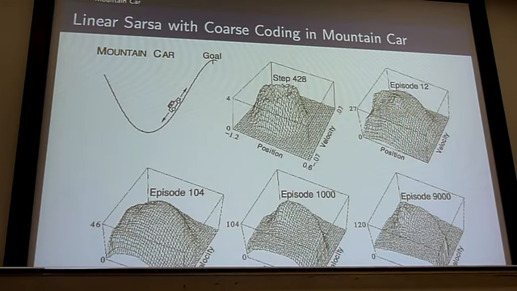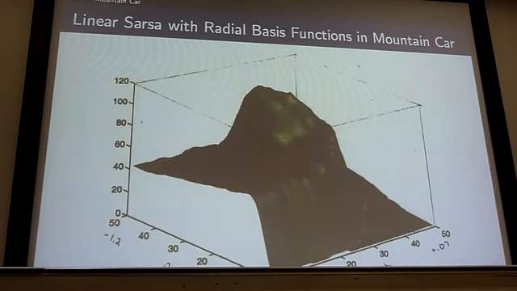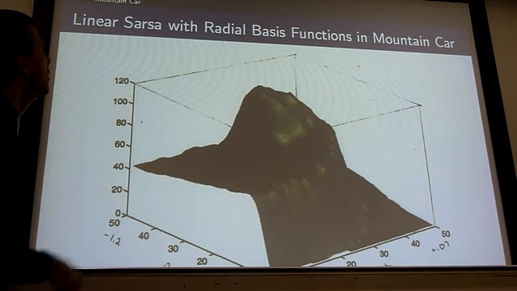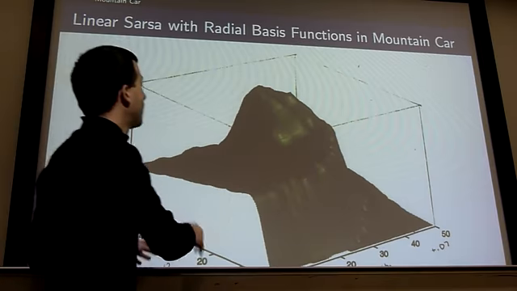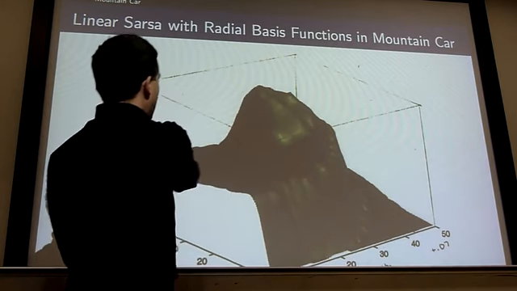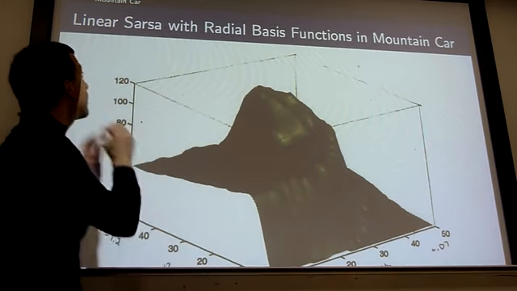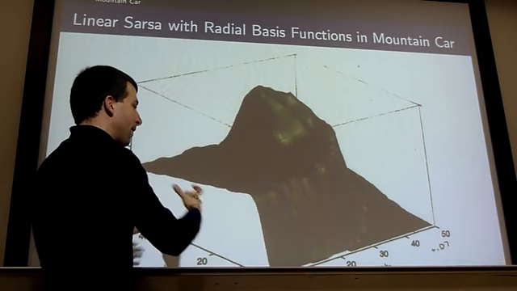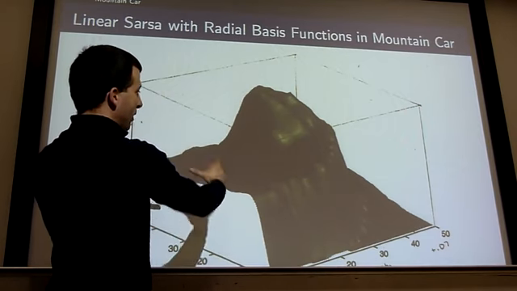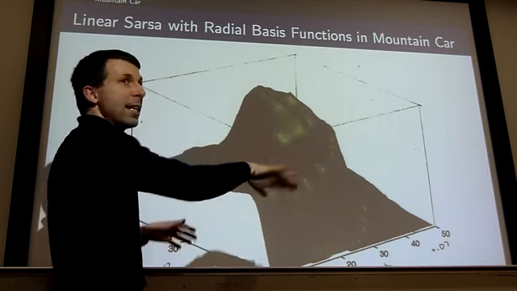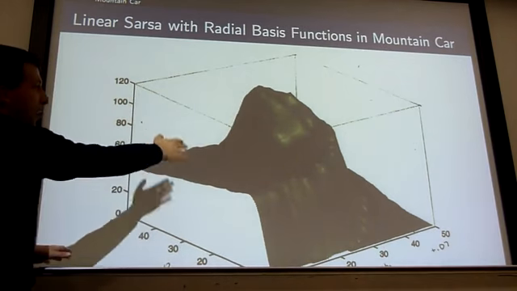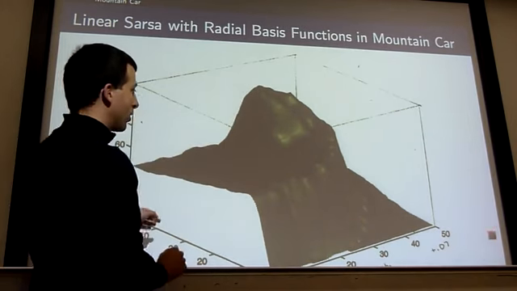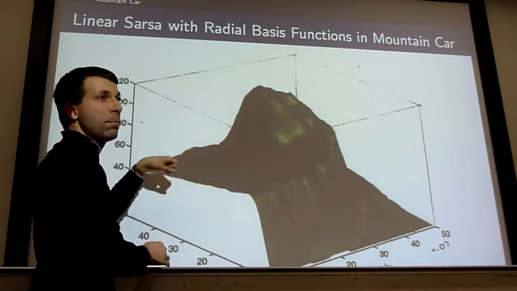I also have a plot for a different representation of the value function. This is still linear Sarsa, but using some nonlinear basis function. Instead of having these coarse codes that are just squares, now we have Gaussians. So we have Gaussian features, each of which says how close am I to some central point.